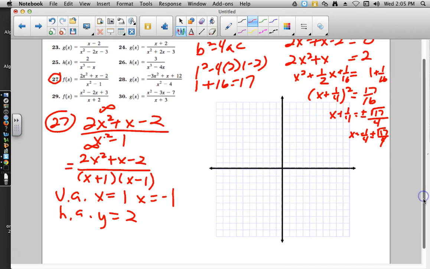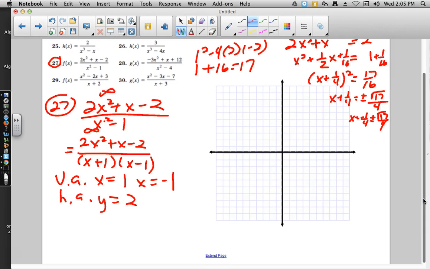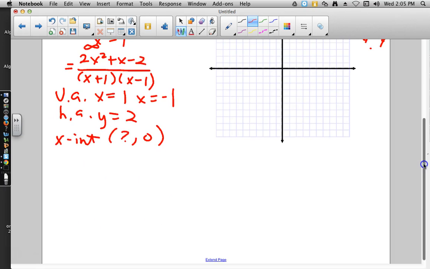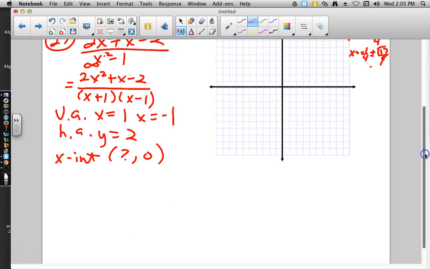Now, our 2 x-intercepts, remember our x-intercepts are going to come from something equaling 0. And that's what we're trying to find when we are solving, and that I had to do by completing the square. So you take negative 1/4 plus the square root of 17 over 4, and negative 1/4 minus the square root of 17 over 4.